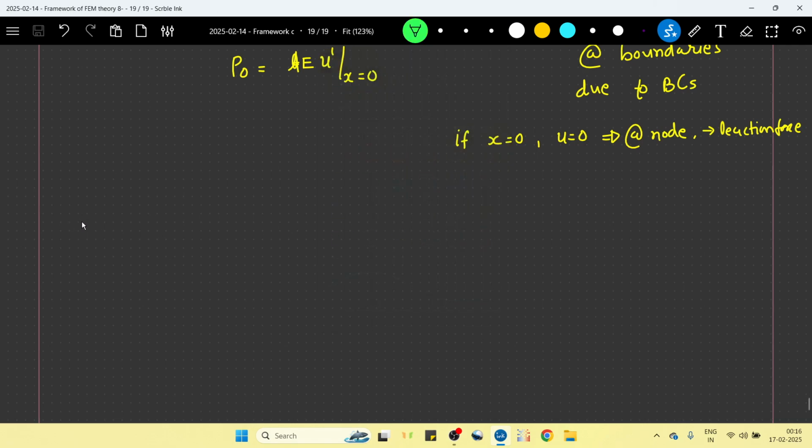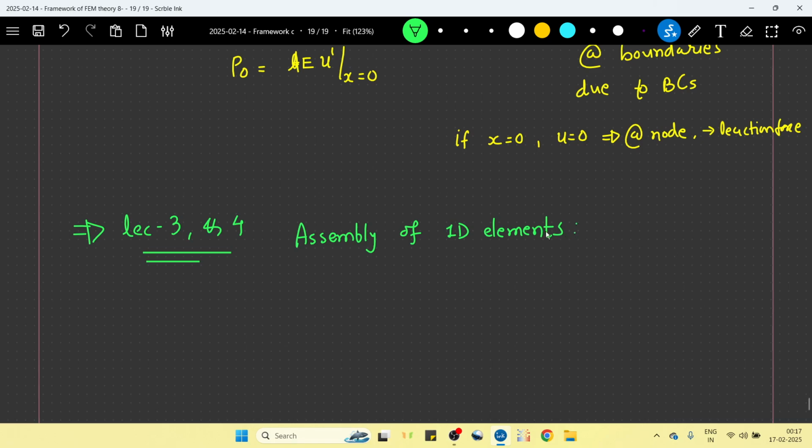This also we discussed in the initial three to four videos, I think lecture video number 3 and 4. We have discussed assembly of 1D elements. So this procedure remains the same, be it FEA or solid mechanics.